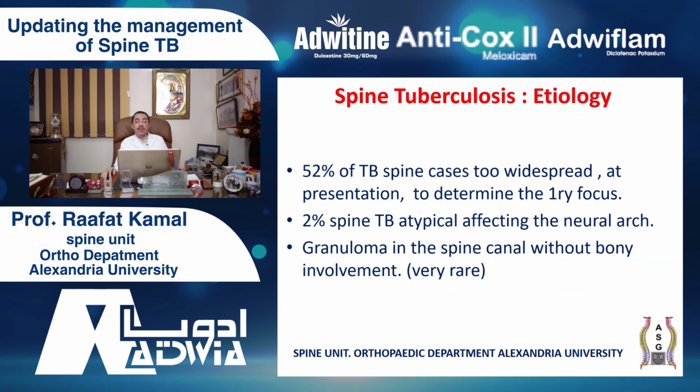And sometimes there are very, very rare case reports about the presence of granuloma in the spinal canal, but without any bony involvement. So we have tuberculous granuloma, the classical tuberculous granuloma or tubercle, which is present in the spinal canal, causing spinal canal stenosis, but without any bony involvement. And as we said, this is very rare.